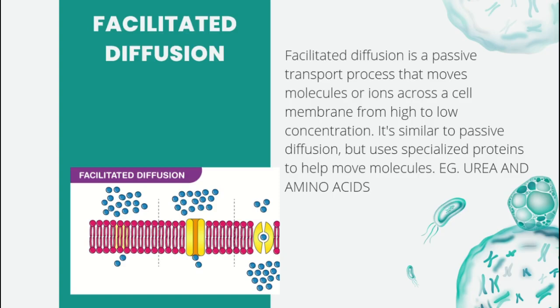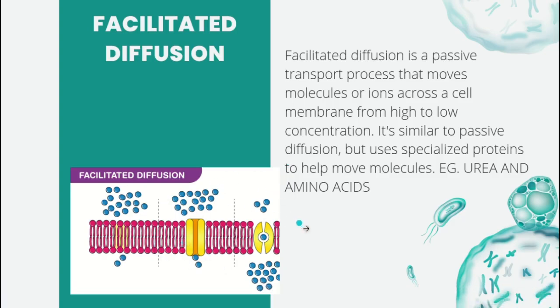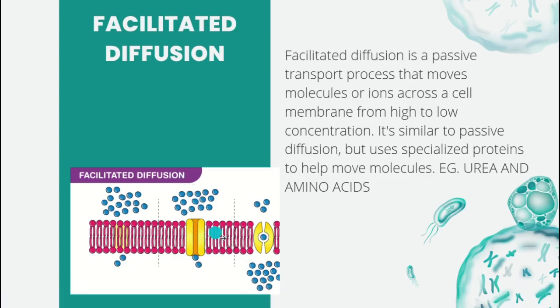What's going to happen is that we're going to have specialized proteins in our membrane, meaning our protein channels and also our carrier proteins. They're embedded within the membrane, and they help larger molecules, polar, charged molecules, and molecules that cannot pass through the hydrophobic tails.